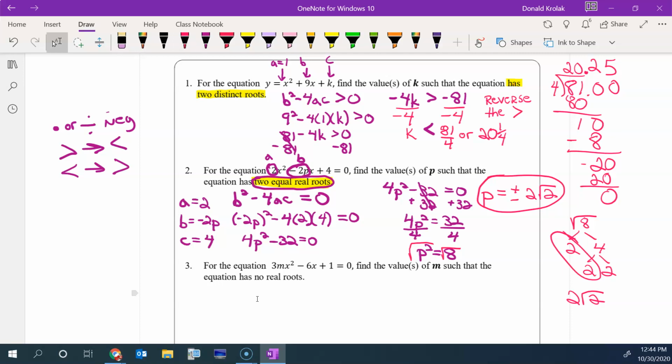Okay, and now the last one. Find the values of m such that the equation has no real root.